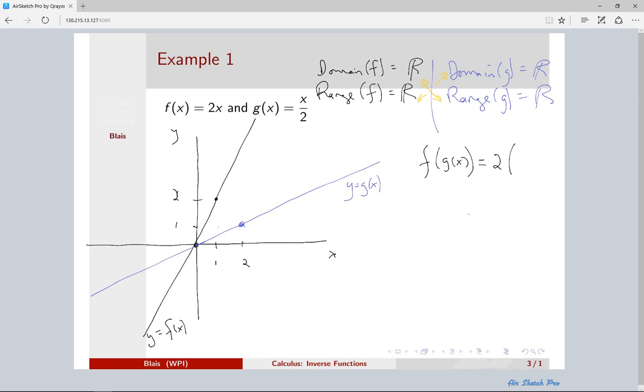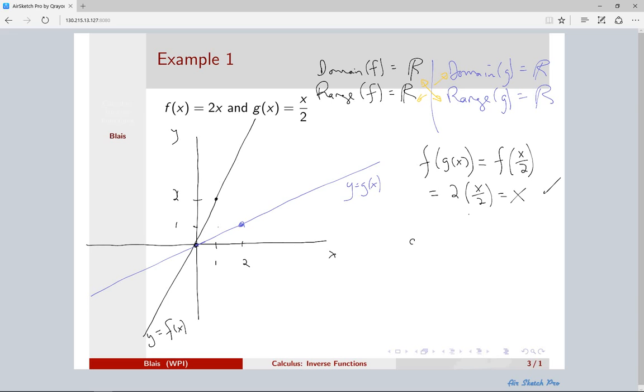So maybe an easier way to see this would be, this is going to be f of x over 2. So when we plug x over 2 in here, we get 2 times x over 2, or x. So we see that the functions undo each other in this order.